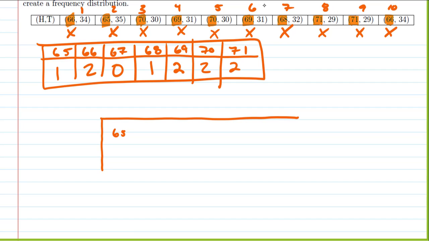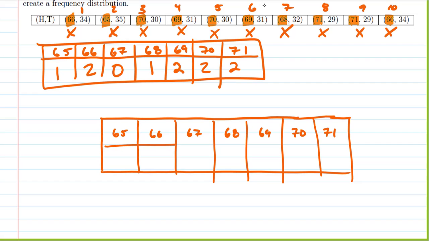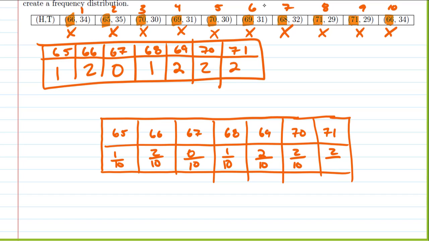So 65, 66, 67, 68, 69, 70, and 71. Then we would have 1 out of 10, 2 out of 10, 0 out of 10, 1 out of 10, 2 out of 10, 2 out of 10, and 2 out of 10.